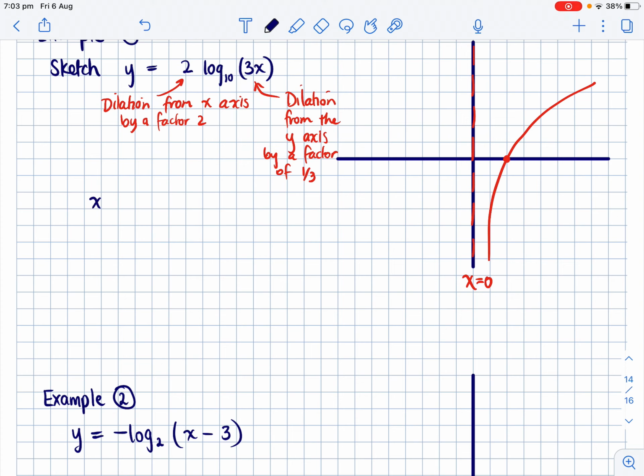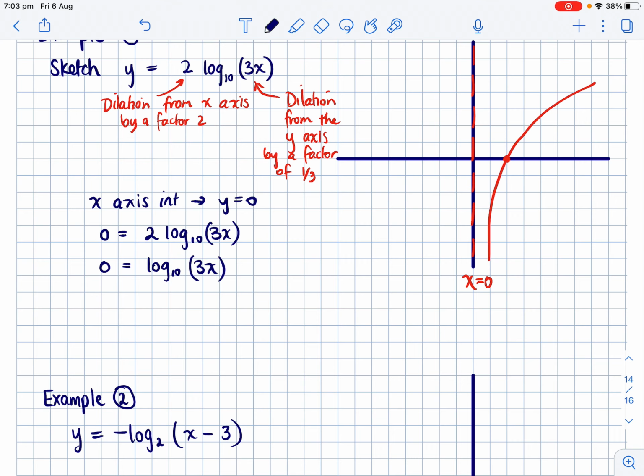Okay, so x-axis intercepts occur when the y value equals 0. If we substitute 0 into this equation, it'll look like this. The first thing I'll do is divide both sides by 2, which leaves me with this expression.